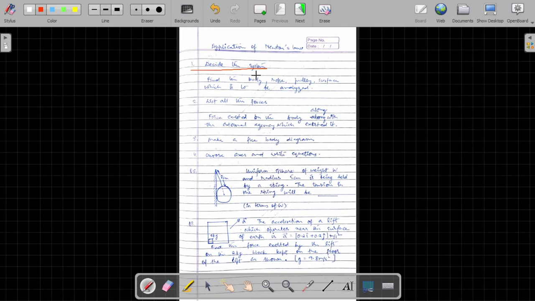And this is what is meant by this particular statement, that only the forces which are acting on the system will be considered in that particular diagram or in that particular case.